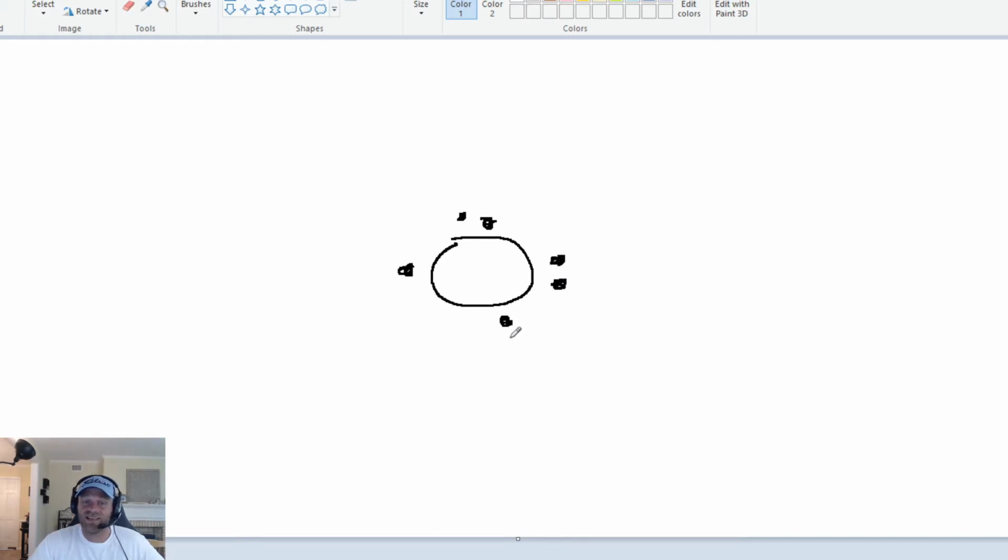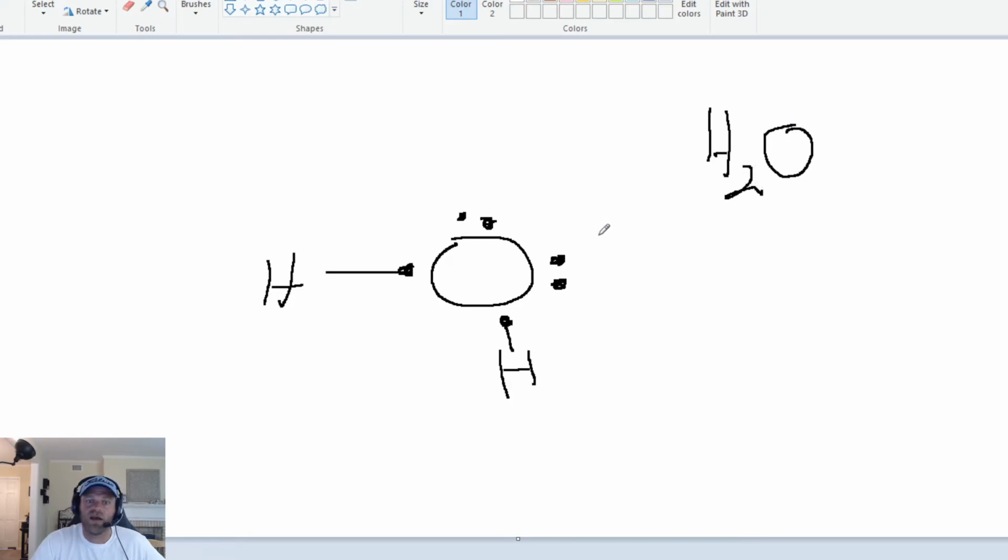So notice that it has 2 single electrons, and it's 2 electrons away from filling its octet. So typically what oxygen will do, it will form 2 bonds. If it's water, it'll form a bond with hydrogen and share that electron with hydrogen. Right? And then that becomes H2O. And my octet is filled for the oxygen.